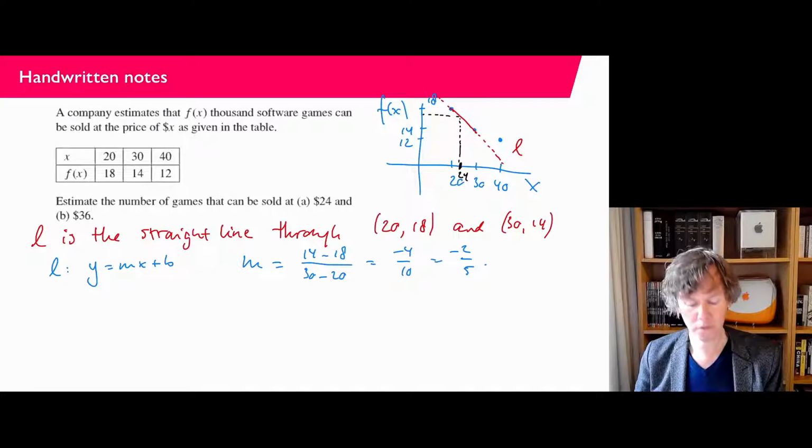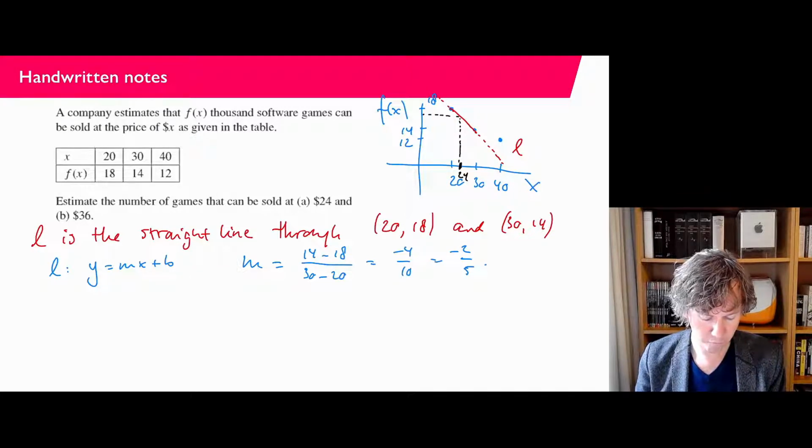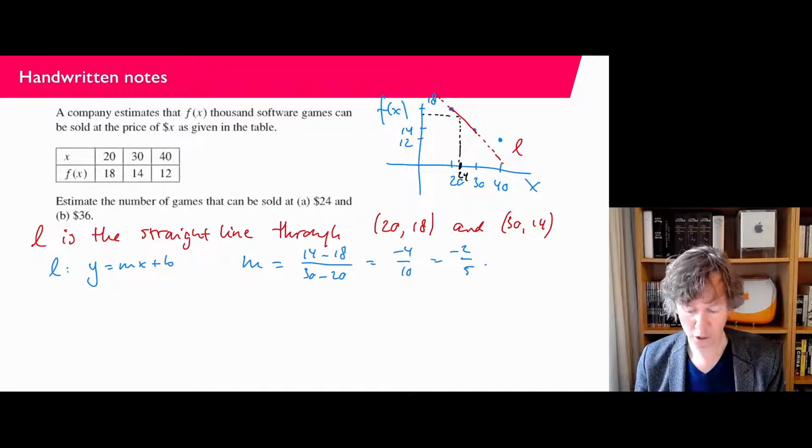And then I found the slope now, I know what m is, and I would still like to know what b is. Well, how can I find b? I have two options. I know that the point (20, 18) is on the straight line, or I could use that the point (30, 14) is on the straight line. They would give the same b, so you can choose either.